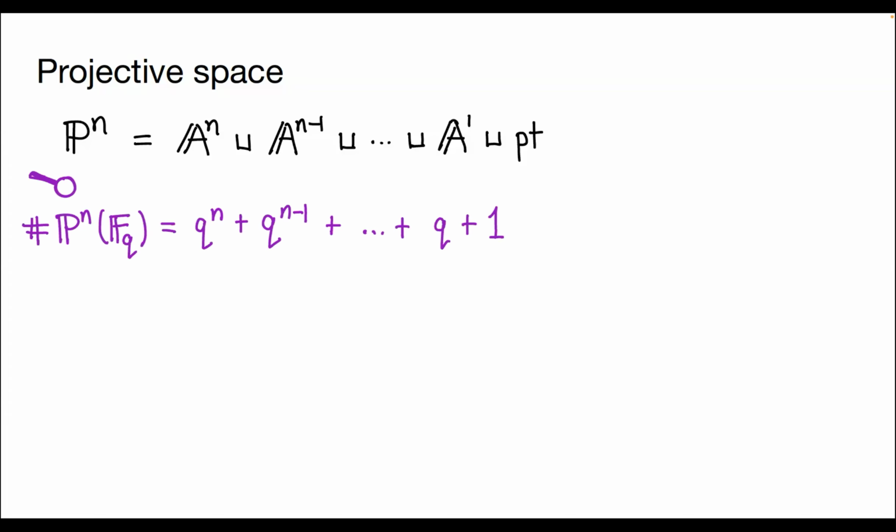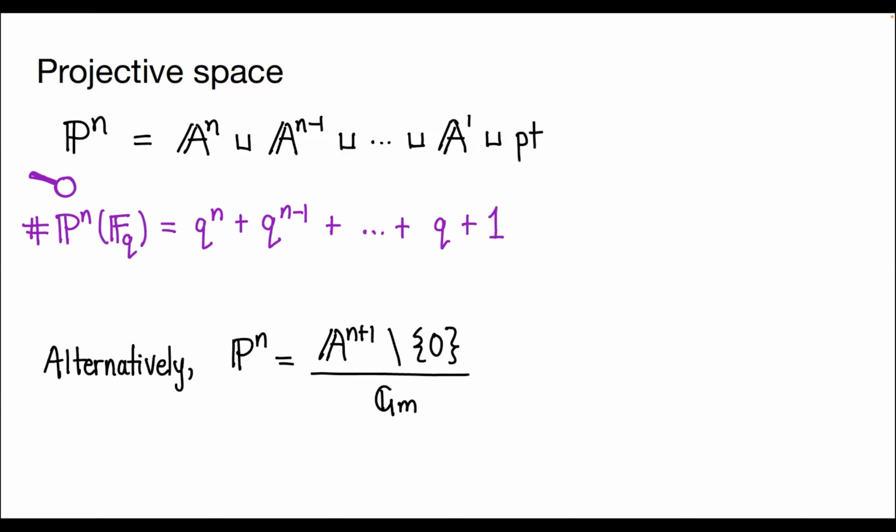Now there's another way that I could count points on projective space. You could also recall that P^n is A^(n+1) minus the origin mod scaling. Now in general, when we see a quotient like this, we're not allowed to just say number of points on top divided by number of points on the bottom.